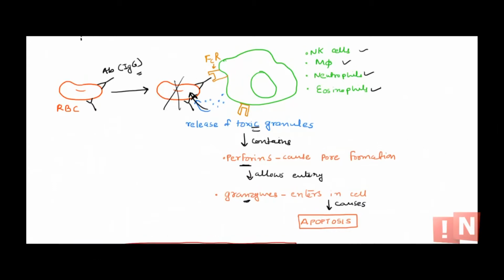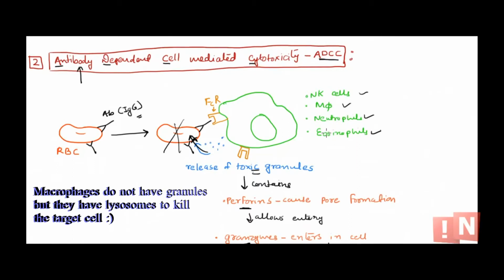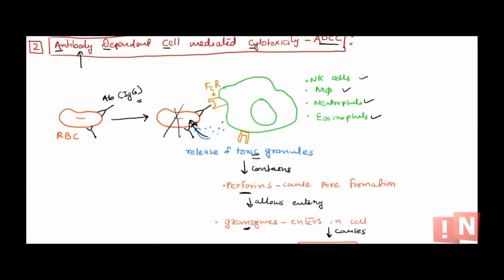This is a cytotoxic effect that occurs because of the antibody. So it is called antibody dependent cell mediated cytotoxicity. All these cells like natural killer cells, macrophages, neutrophils, eosinophils can carry out this process because they have the granules containing the perforins and granzymes. Now this was about the antibody mediated cytotoxicity.